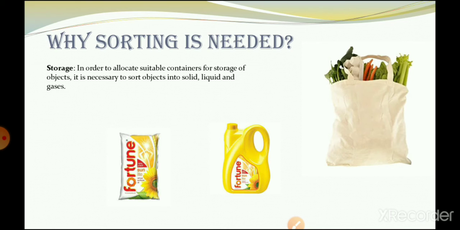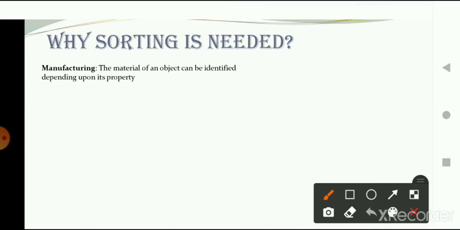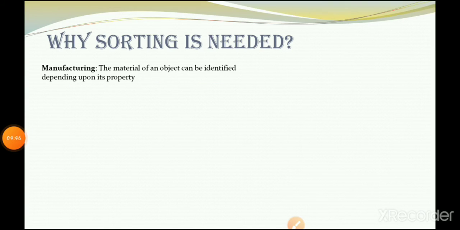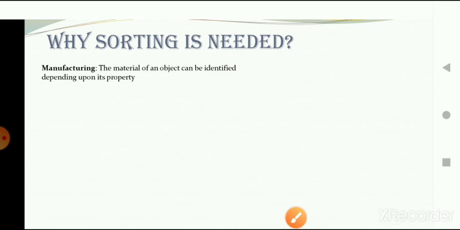Okay, so now let's move to the next thing, that is manufacturing. The material of an object can be identified depending upon its properties. So for making a particular thing, you should know what property the object should hold. Suppose you want to make a bat for yourself.